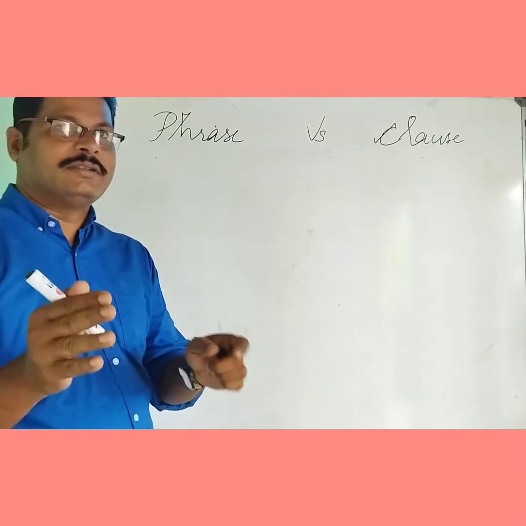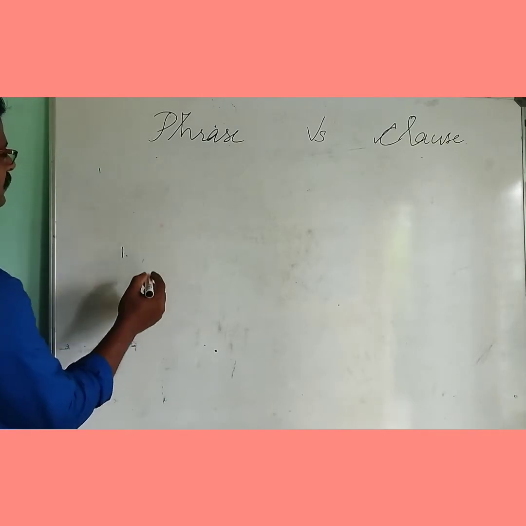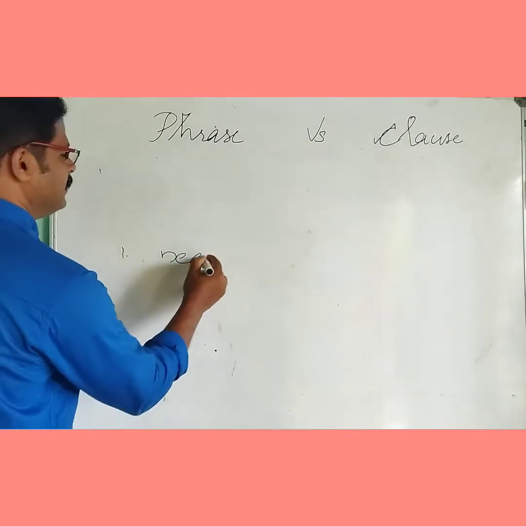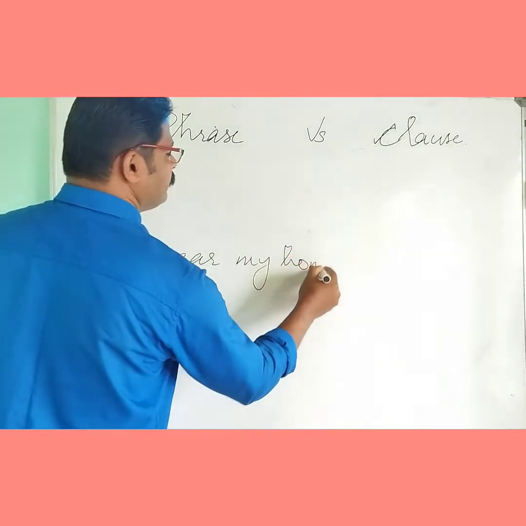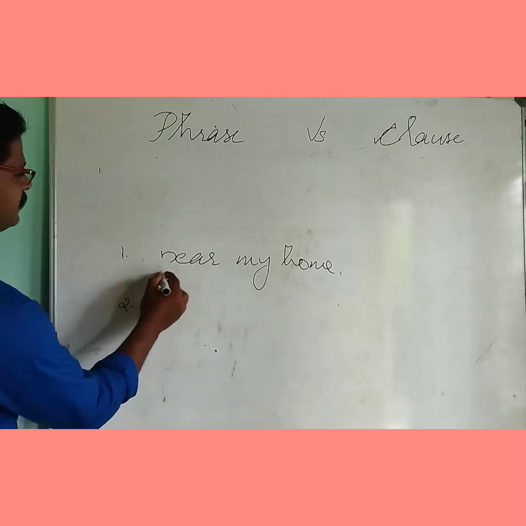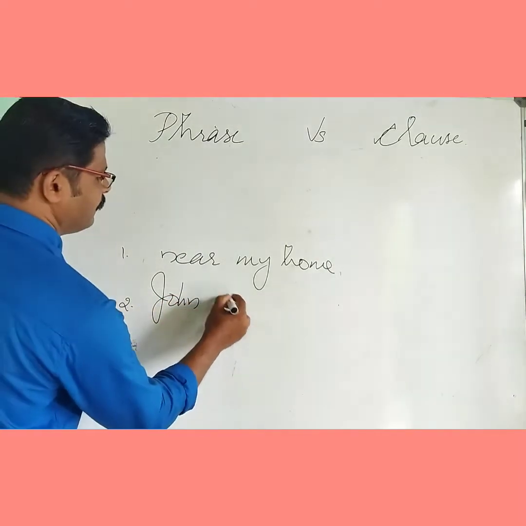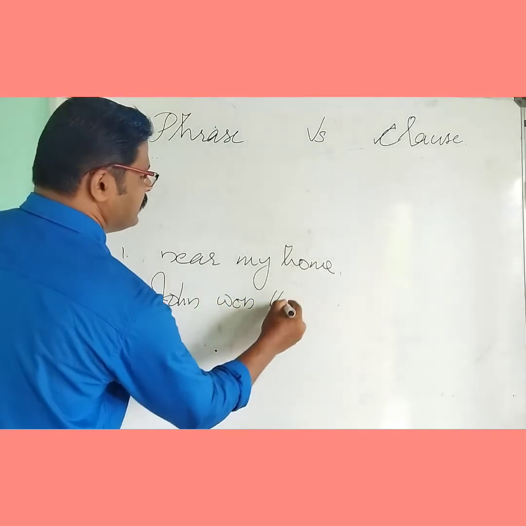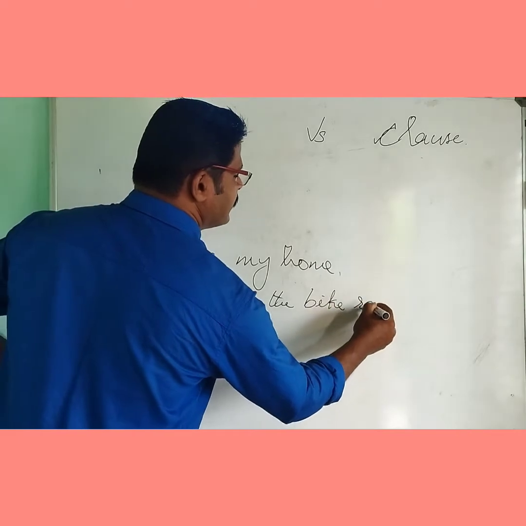I write here two sets of groups of words. One is near my home. The other one is John won the bike race.